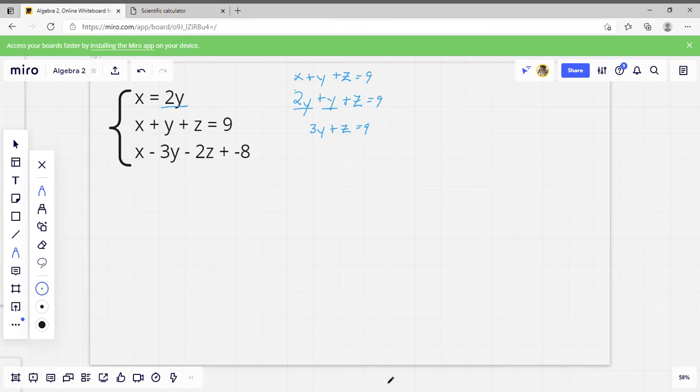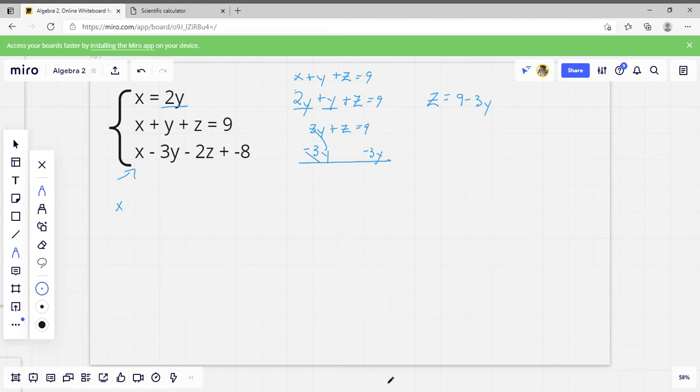What I'm trying to do is solve for z. So I'm going to say minus 3y, and I'm going to get z equals 9 minus 3y. Now I can plug that into that equation.